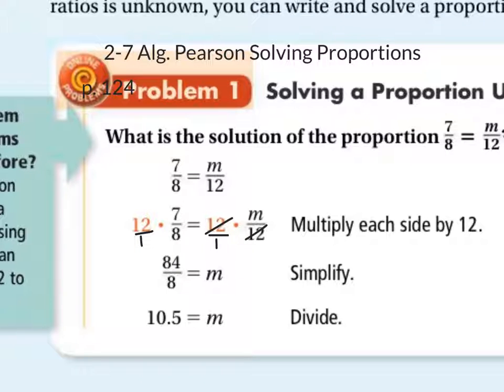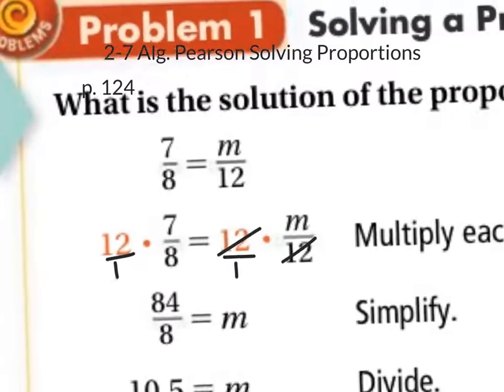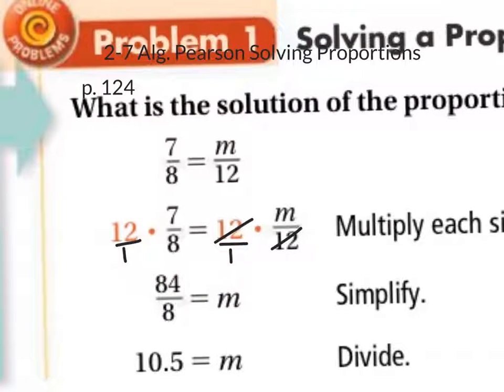Another way we've talked about doing these, especially if you have a calculator, you could try to find a pattern going across or up and down, going towards the variable, multiplying or dividing. So I could go this direction, for example, and I could say, how can I get from 8 to 12? If you took 12 divided by 8 on your calculator, you get 1.5.